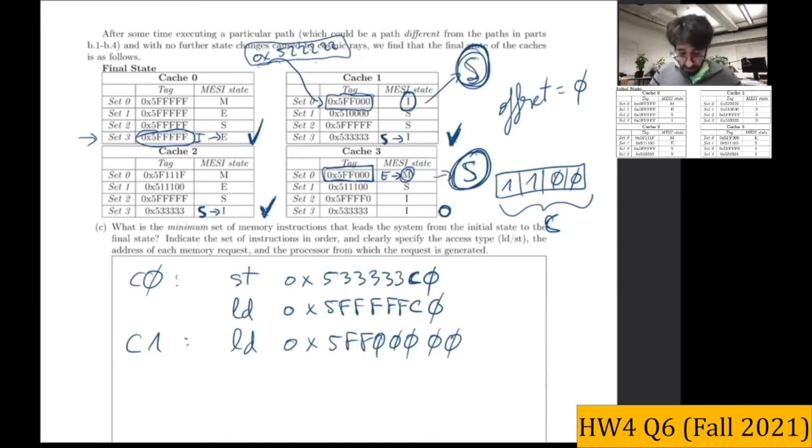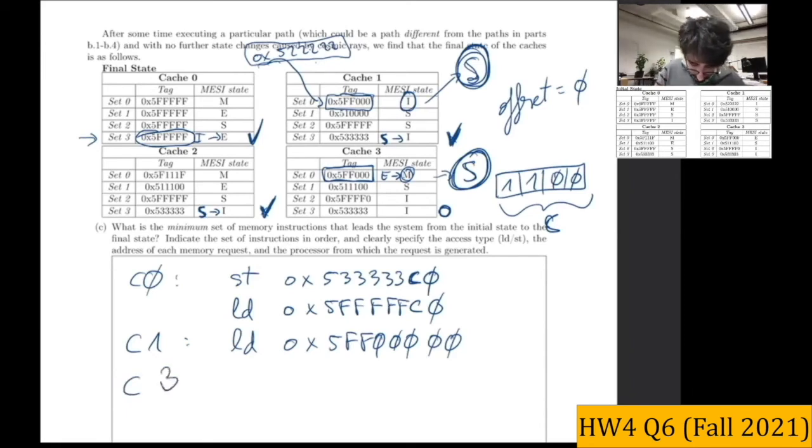So for the final step, we need one more instruction to modify the state of this cache line in cache 3, and invalidate the same line in cache 1. So let's do that.